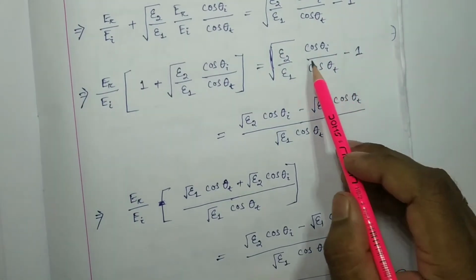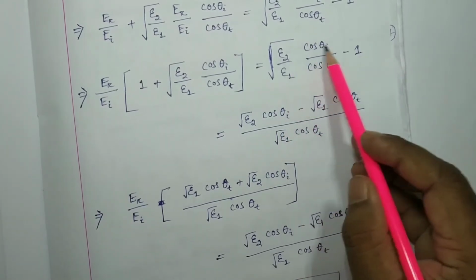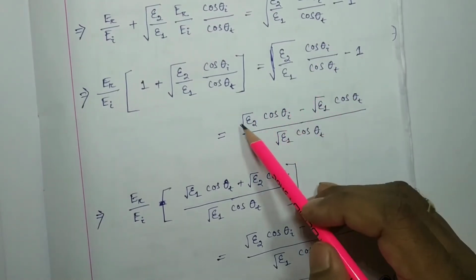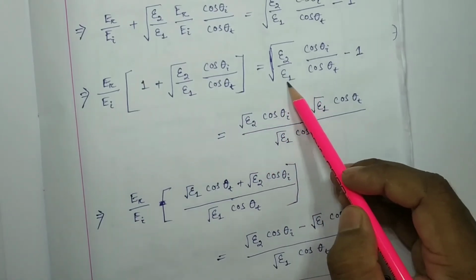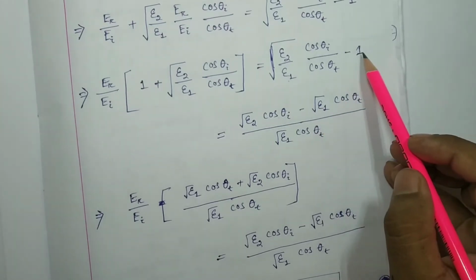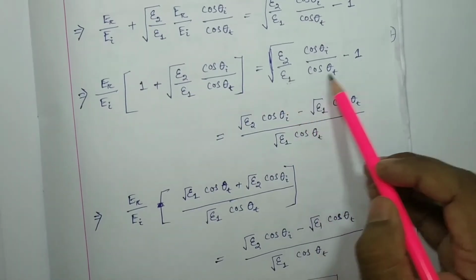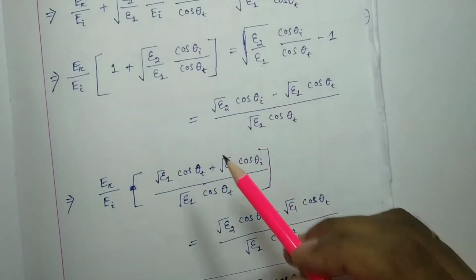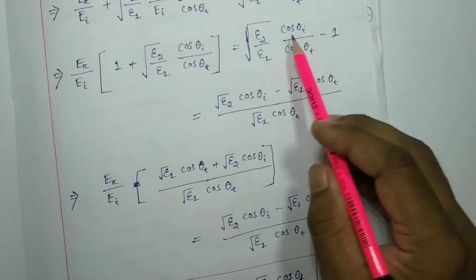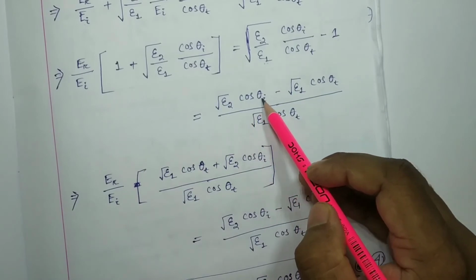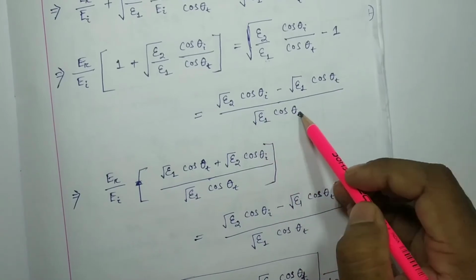simply just add it. What we are going to find out, root of epsilon 2 cos theta I, this one root of epsilon 1 cos theta t will be added, means this one minus epsilon 1 root cos theta I divided by root of epsilon 1 cos theta t, sorry, root of epsilon 2 cos theta I minus root of epsilon 1 cos theta t by root of epsilon 1 cos theta t, right?